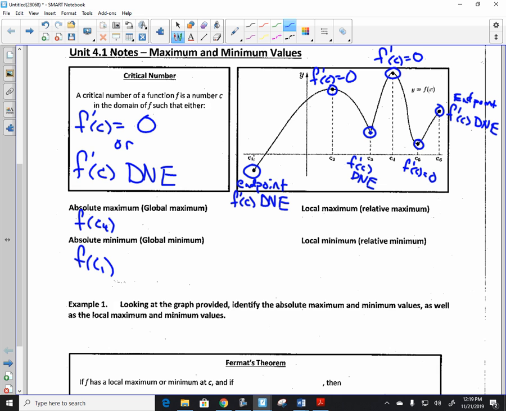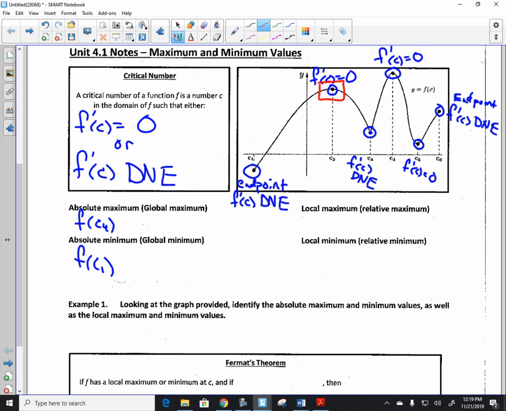Now, the local maximums and local minimums happen wherever you have the largest or smallest values within an immediate area. I know that doesn't really sound like a definition that you may like, but it's hard for me to contextualize it another way. If you just draw a small box around a region, wouldn't you agree that that's the largest value within that immediate area?